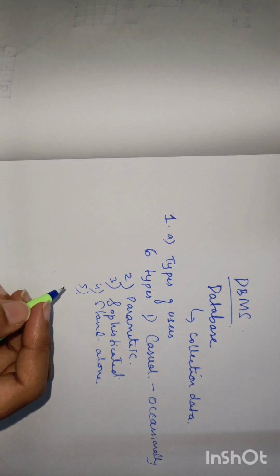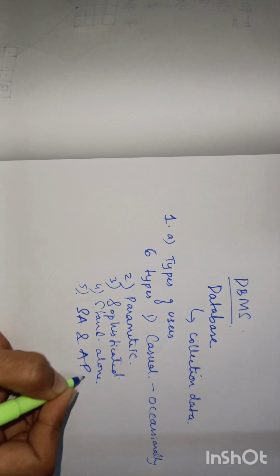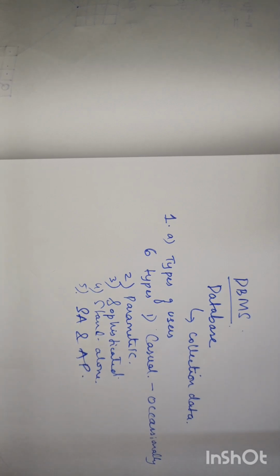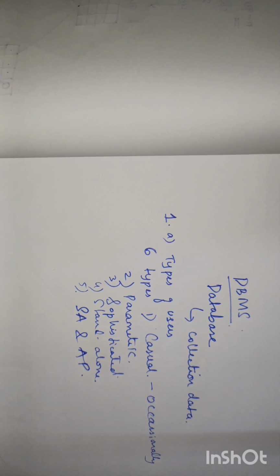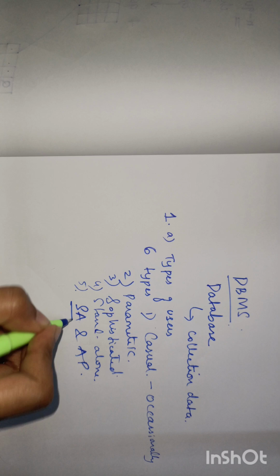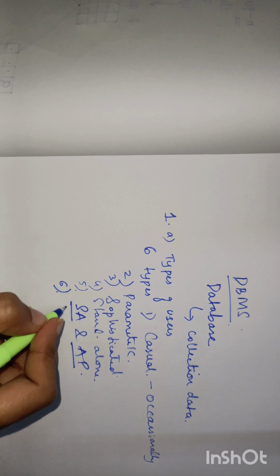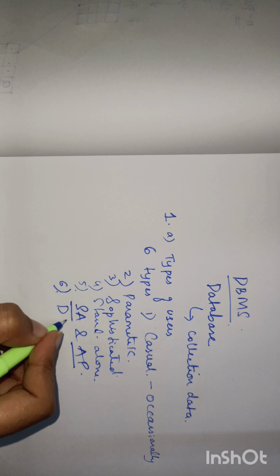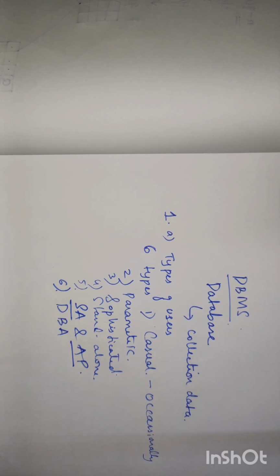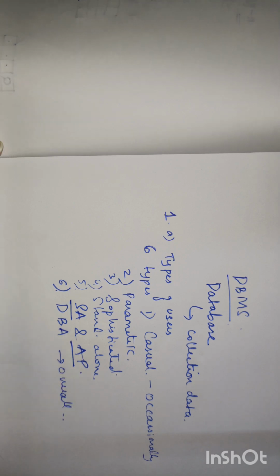Next is system analysts and application programmers. These are the ones who will design, implement, and maintain the entire database application. They write the entire application programs. Next, we have the database administrators. Database administrators are the ones who are responsible for the overall management of the database.